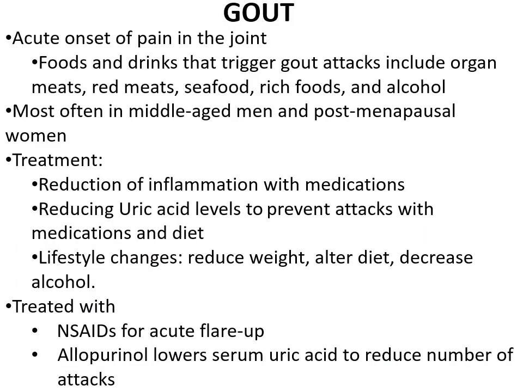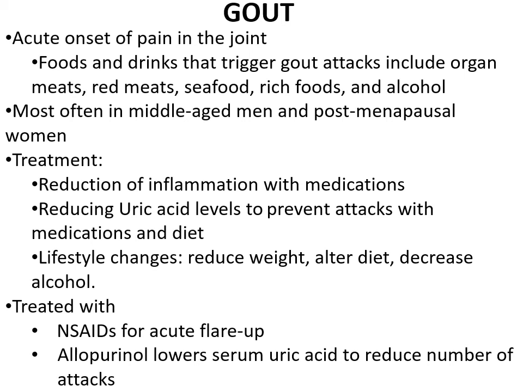Okay, so what can trigger a gout attack? So we spoke about the fact that gout is typically caused by an elevated uric acid in the bloodstream that then the crystals deposit into joints, setting up acute inflammation. So what's going to trigger an acute attack of gout?